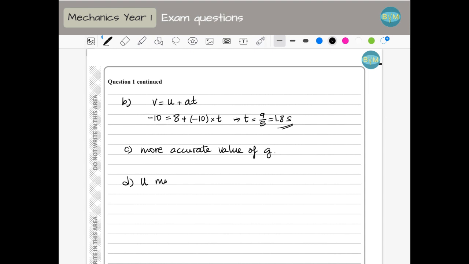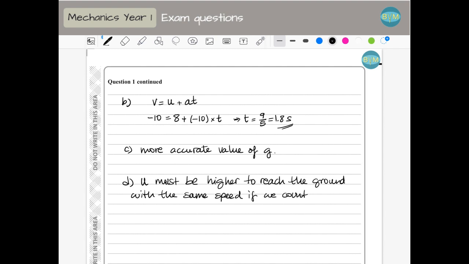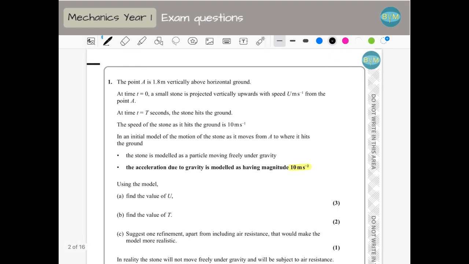It must be higher to reach the ground with the same speed, if we count the resistance. And that's all with this question.